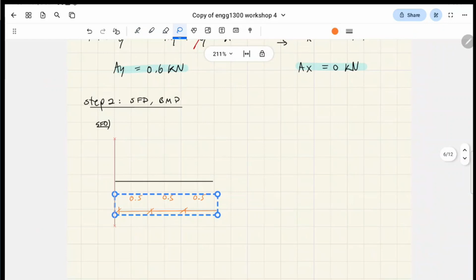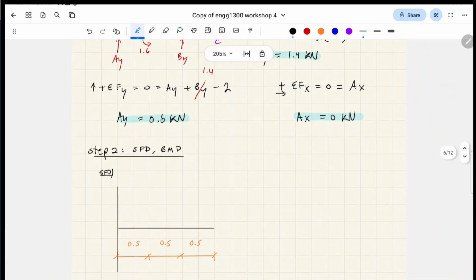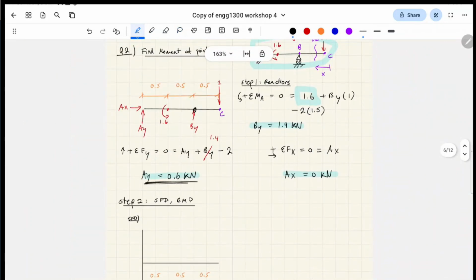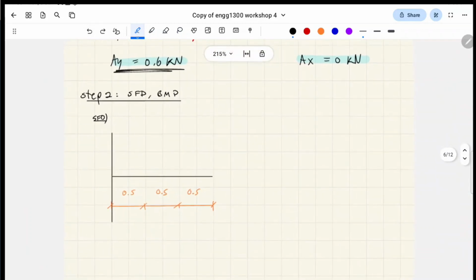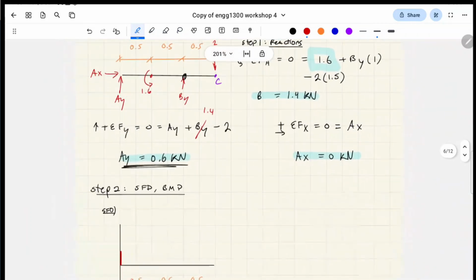But it's corresponding one-to-one with our free body diagram, right? So we know that AY is 0.6 and BY is 1.4. So when we're doing the shear force diagram and there's a support on the left, the first thing we do is go up by AY. The support makes it jump up like that by 0.6.